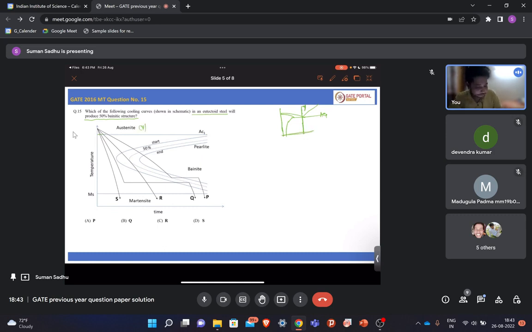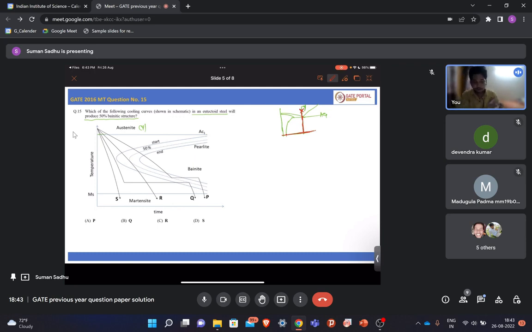Now, if you cool from this part with equilibrium cooling up to room temperature, you will get the equilibrium phase fraction, and as it is a eutectoid steel, you will get 100% pearlite.